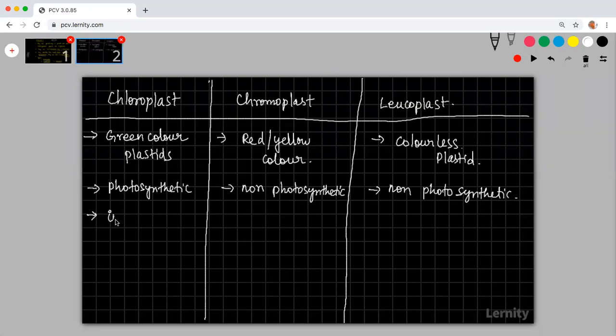Chloroplasts impart green color to leaf and trap sunlight for photosynthesis.